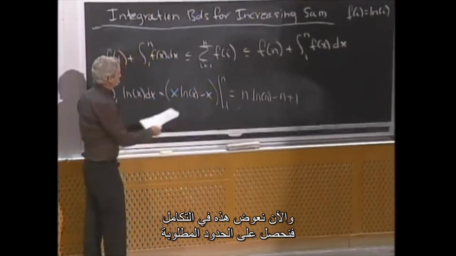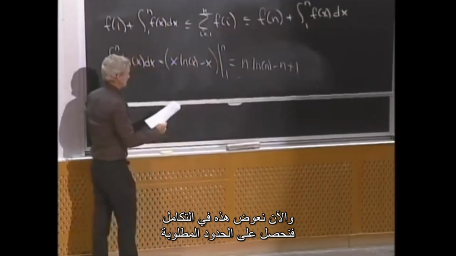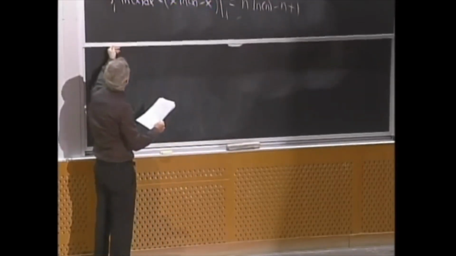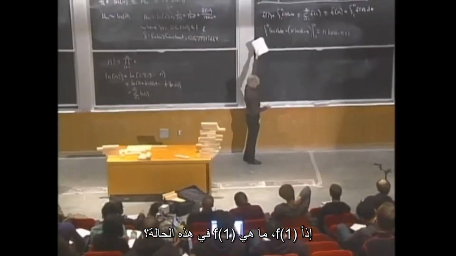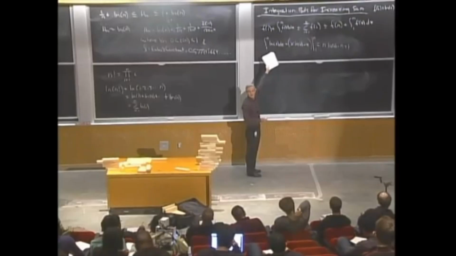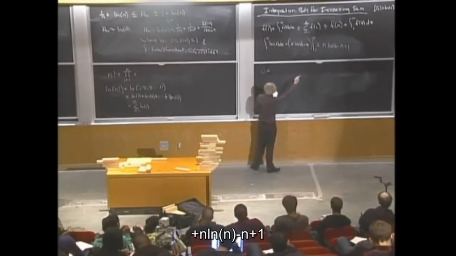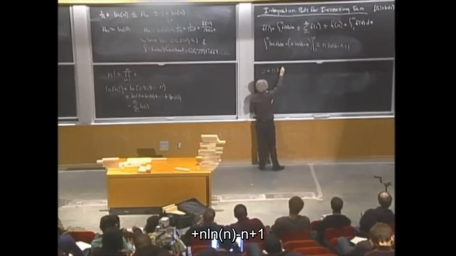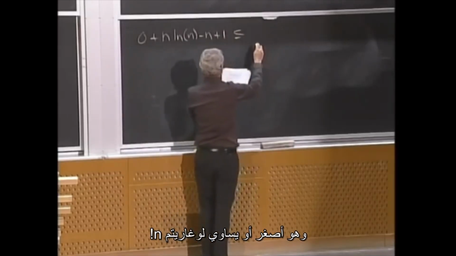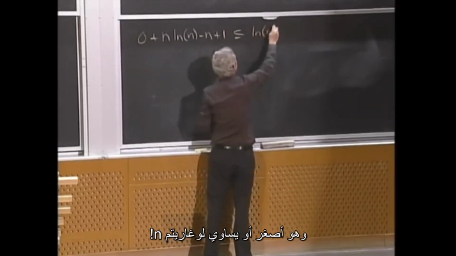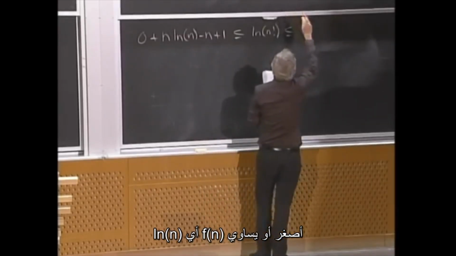All right, and so now we'll just plug this into the integral, and we'll get our bounds. So f of 1, what is f of 1 in this case? Yeah, 0 plus n ln n minus n plus 1 is less than or equal to log of n factorial, which is less than or equal to f of n, which is log of n, plus the integral.